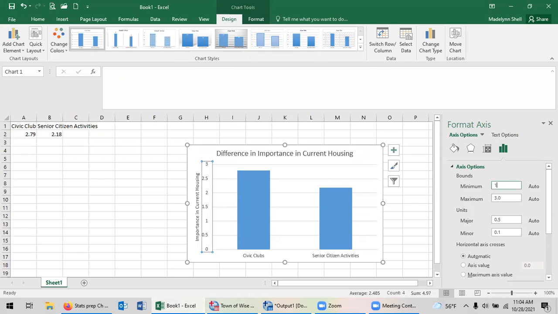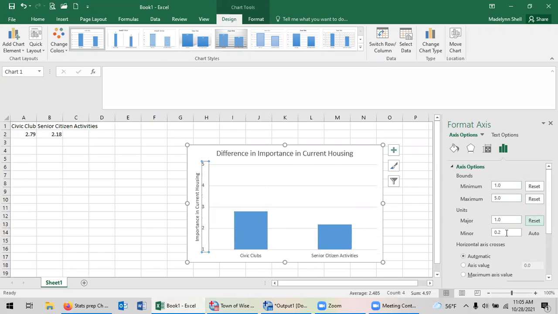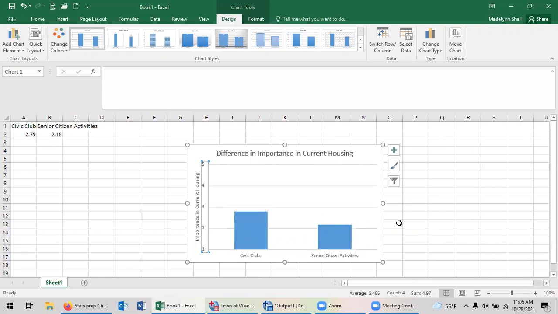We can change our minimum to 1 and our maximum to 5. If you want to, let's make our major unit 1, and we don't need minor units. Okay, so now it's looking a little more accurate in terms of what we've got.